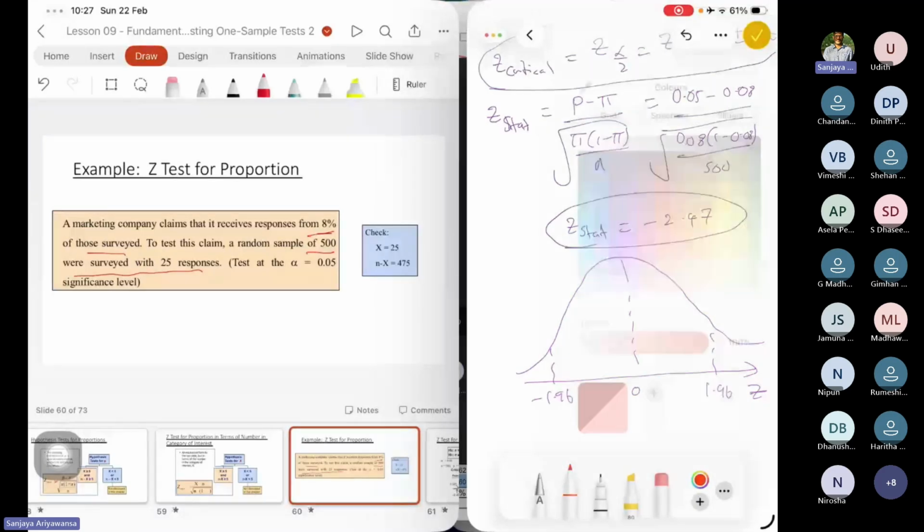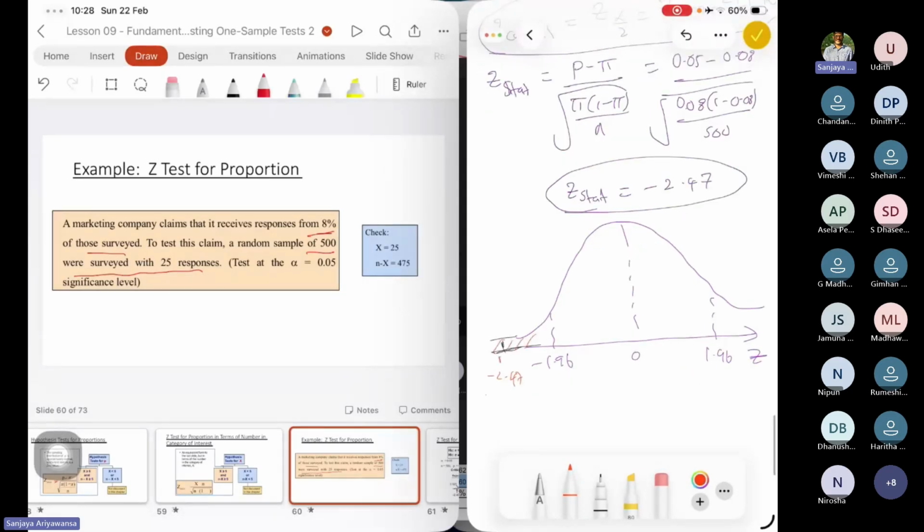Where is our test statistic? Somewhere over here, which is negative 2.47. So negative 2.47 is in our rejection region.